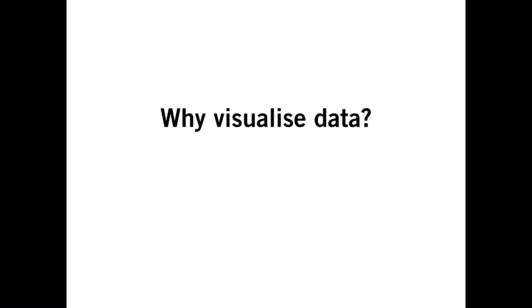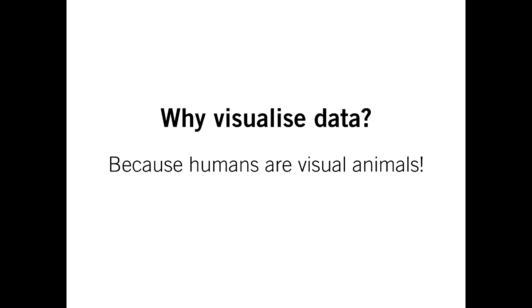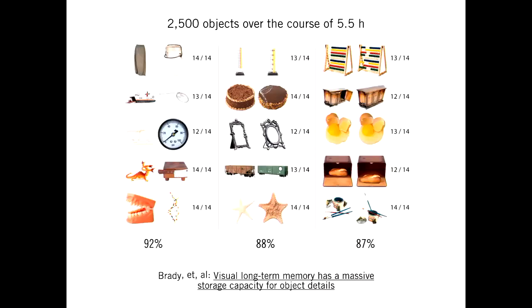So I just want to start by asking, why do we visualize data? And the answer is that we are fundamentally visual animals. To briefly make the point and flesh that out a little bit, here's a study that I like, which was published a few years ago, and it showed a large number of participants thousands of photos. And it also showed them thousands of other things like numbers and phrases.